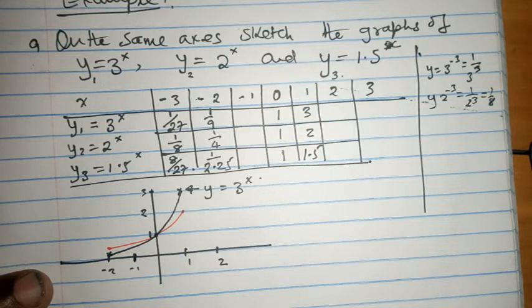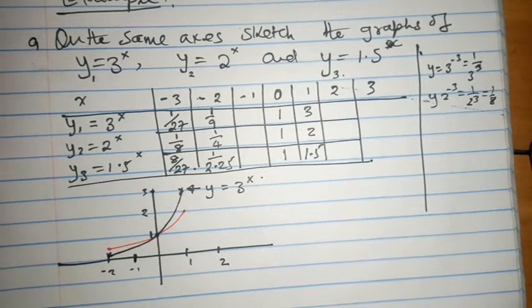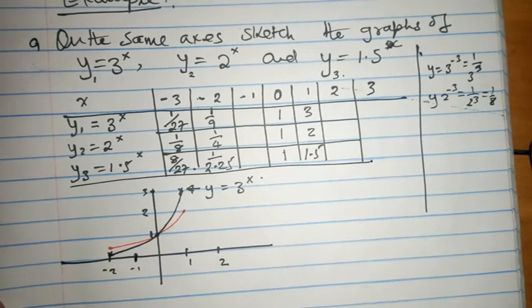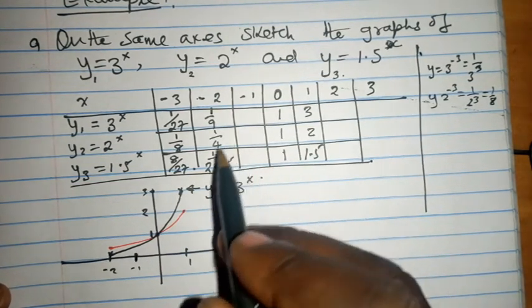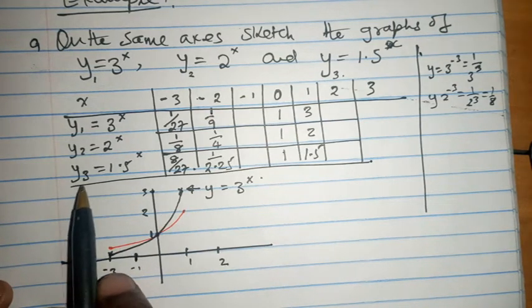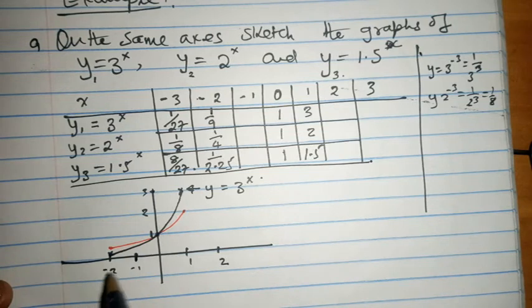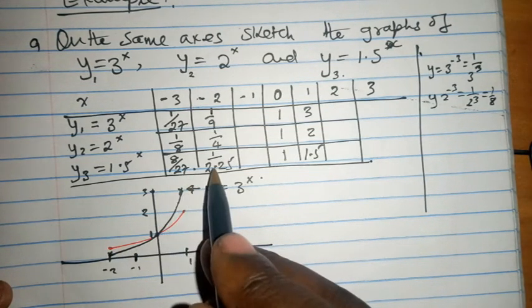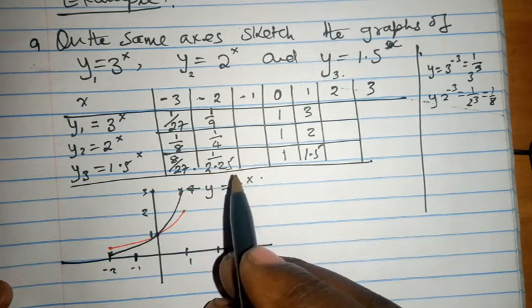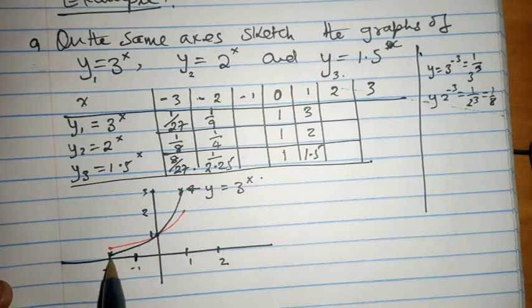And I want now to construct another graph here with a different color. I don't know whether I have a different color. The graph of y equals 1.5 raised to power x. When x is minus 2, then we have 1 over 2.25, which is greater than 1 over 4, which is greater than 1 over 9.